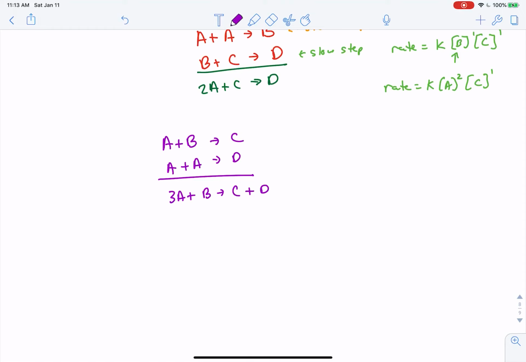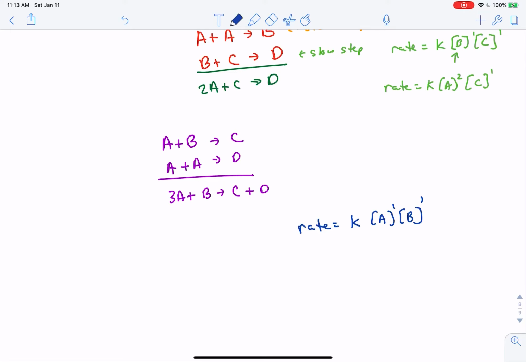Let's say, Claire, you figured out that your rate law was A to the first, B to the first. Let's say that's what you figured out to be. Now, if that's your rate law, and this is the suggested mechanism, which step must be slow because that's your rate law? Which step should be slow of these two?